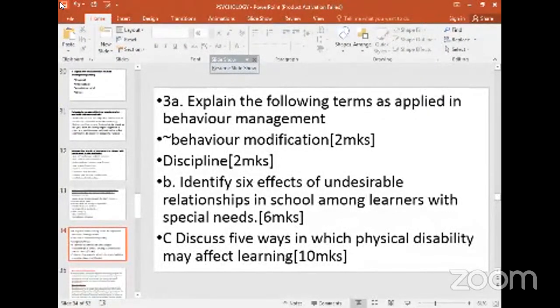That's behavior modification. We talk about discipline. We'll look at effects of undesirable relationships in school among learners with special needs. And then we'll also discuss ways in which physical disability may affect learning.